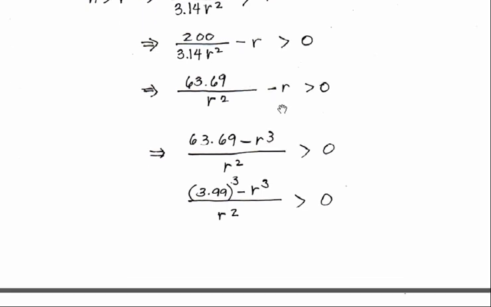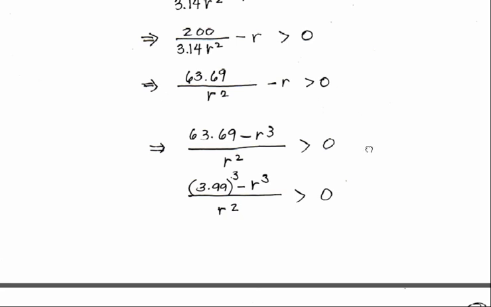Then rewriting, how did we get 63.69? We just have to simplify this. 200 divided by 3.14. So you can use your scientific calculator to calculate on this. Then we have 63.69 all over r squared minus r greater than 0.